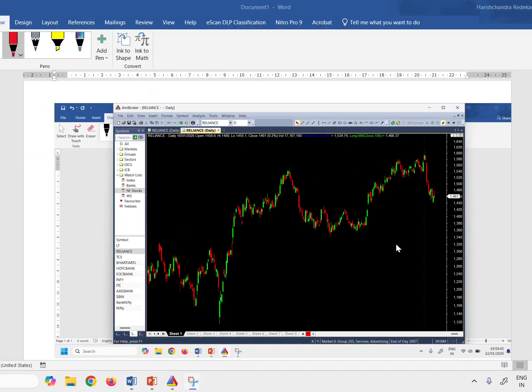So here you can see this is the Reliance security. We can see that this was the zone where it was facing resistance, and this was the support line. This support line was the earlier resistance, which it broke from here. Then prices moved up to 1580 level.